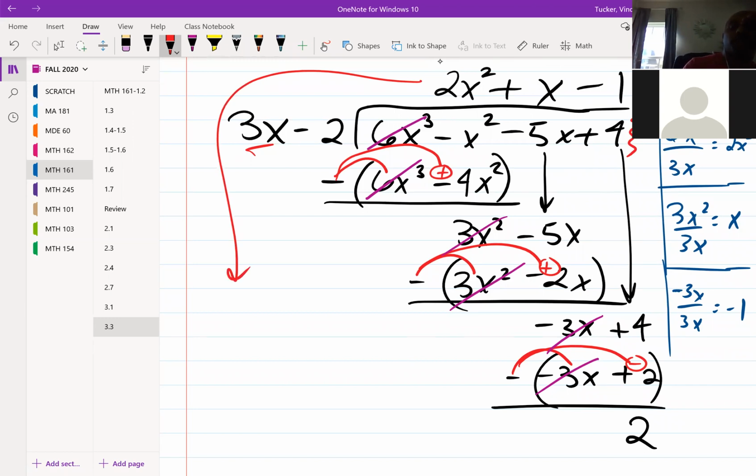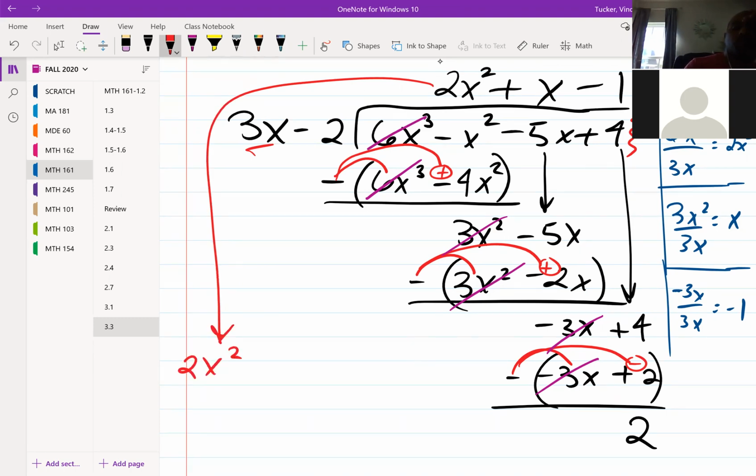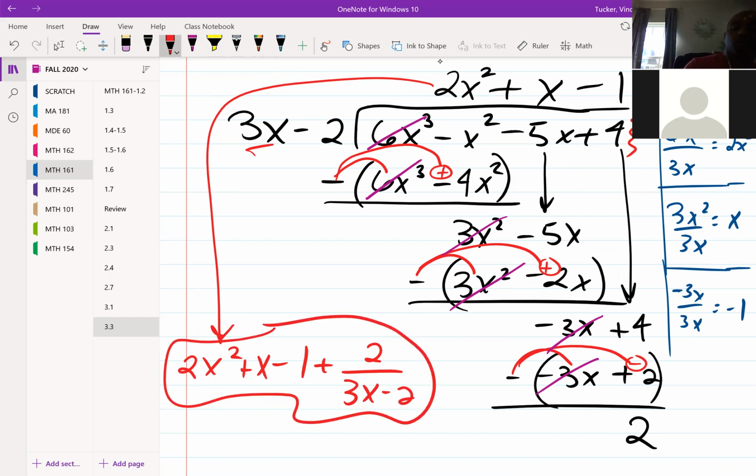So the answer is 2x squared plus x minus 1 plus 2 over 3x minus 2.